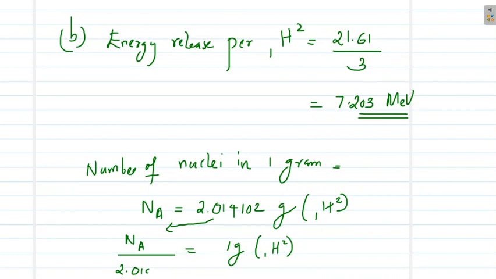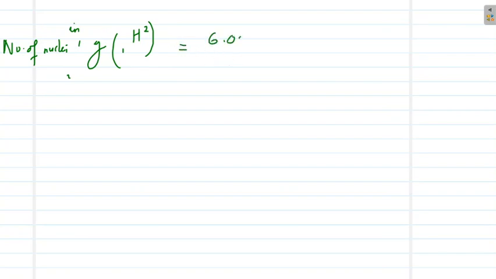So the number of nuclei in 1 gram of 1H2 is equal to Avogadro number divided by 2.014102.